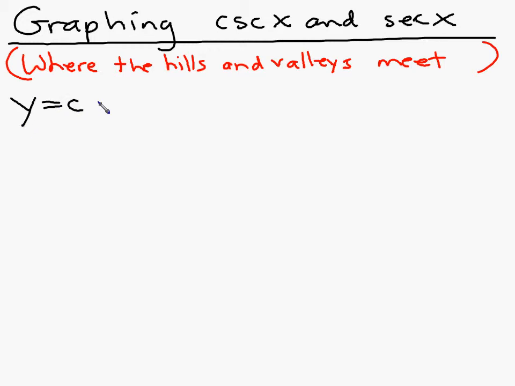First, about cosecant. Cosecant, we said, is the reciprocal of sine. Cosecant is the same thing as 1 over sine. Now, as soon as you see that, that means that we have a denominator. As soon as I have a denominator, I need to start thinking this thing could be undefined in certain places, which means there could be asymptotes again.